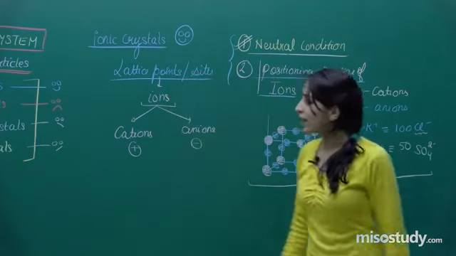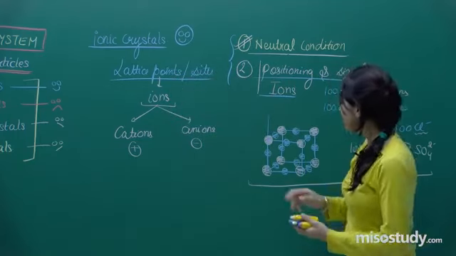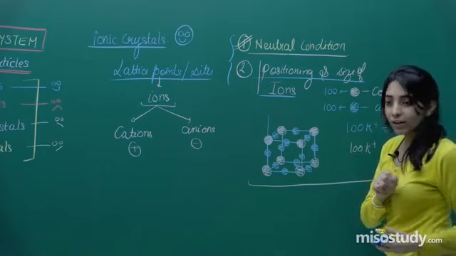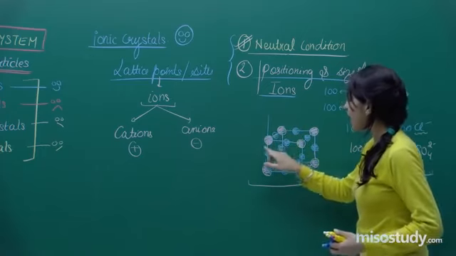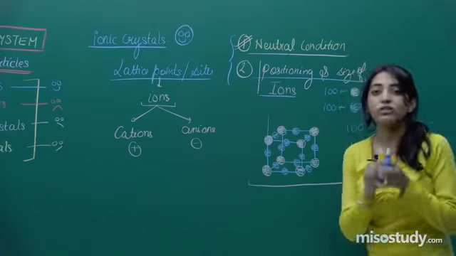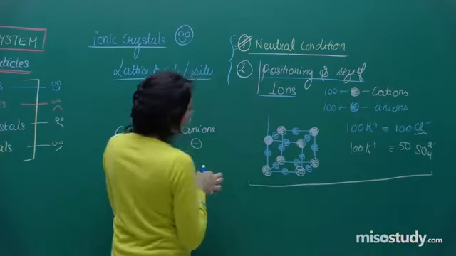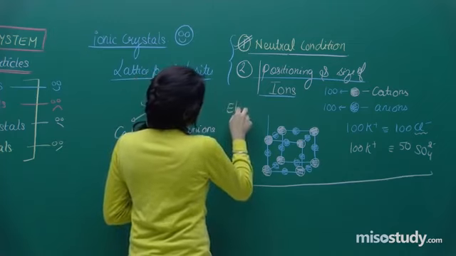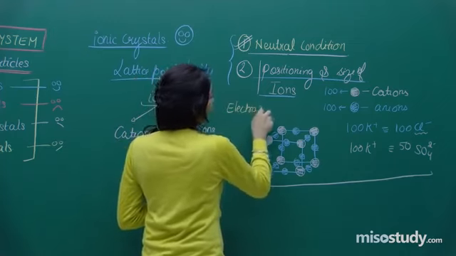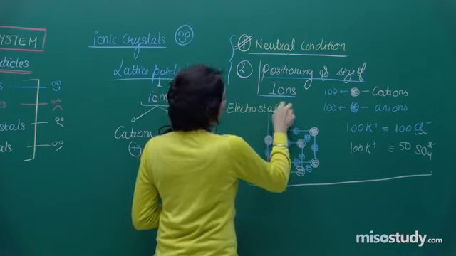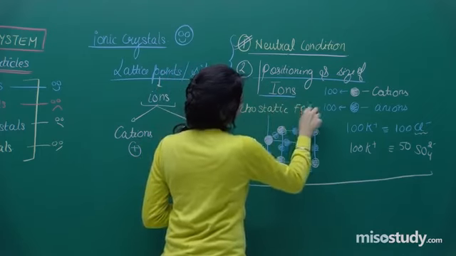One more thing about ionic crystals which you can remember is that in ionic crystals, the cation, anion, cation, anion, cation, anion interactions are there. And these interactions are also known as electrostatic force of attraction.